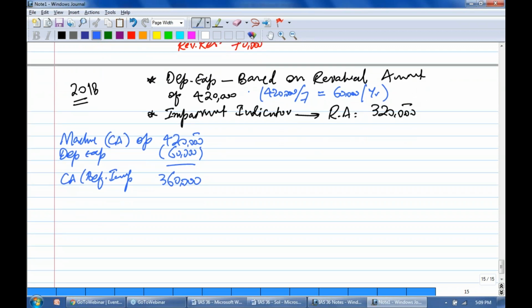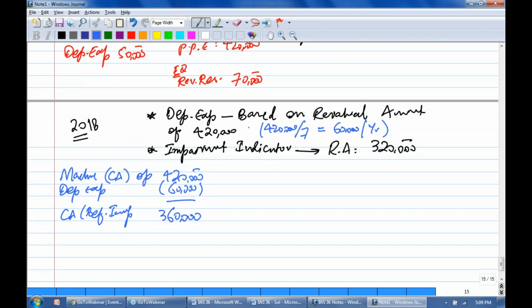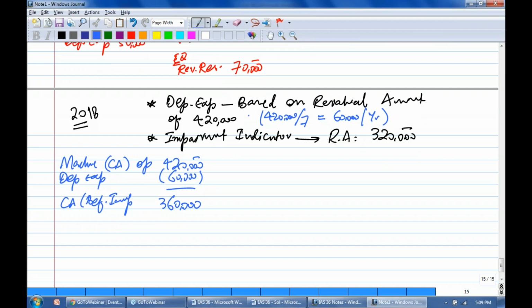And now showing some impairment indicator. And the recoverable amount, I'm changing from 320.